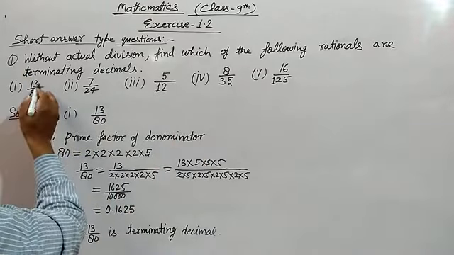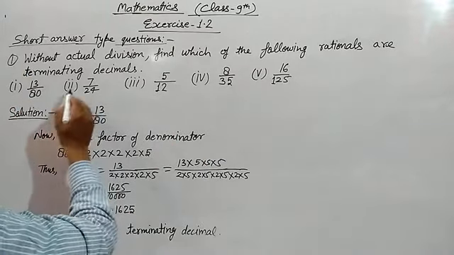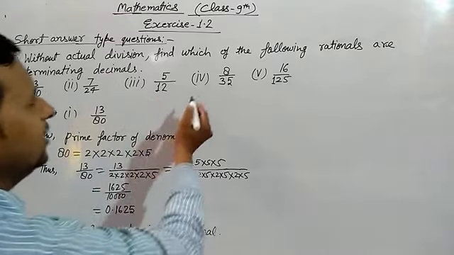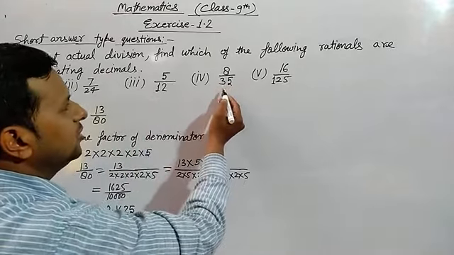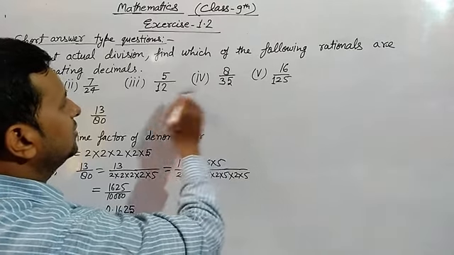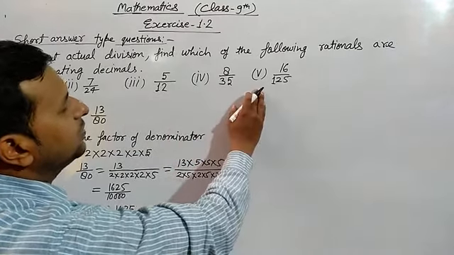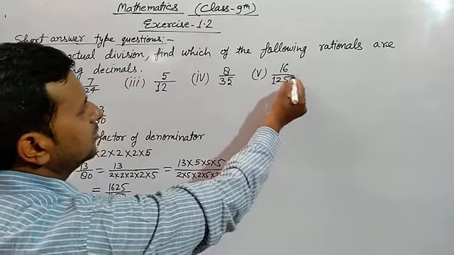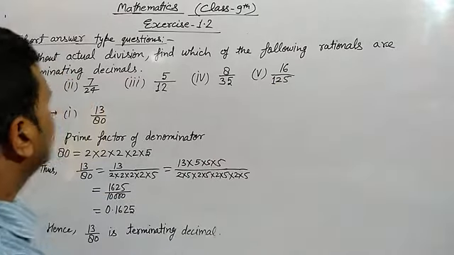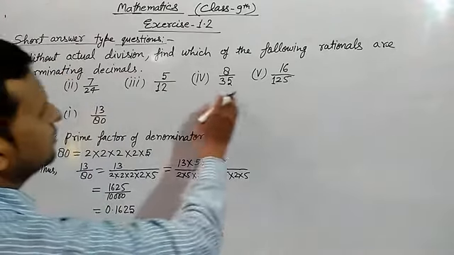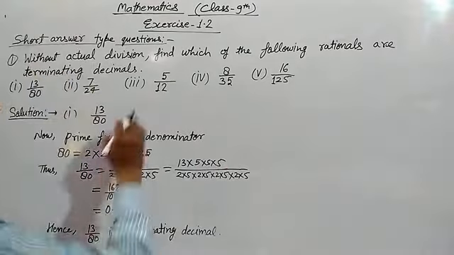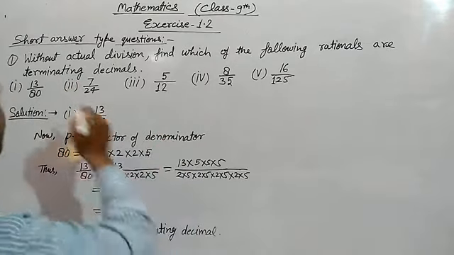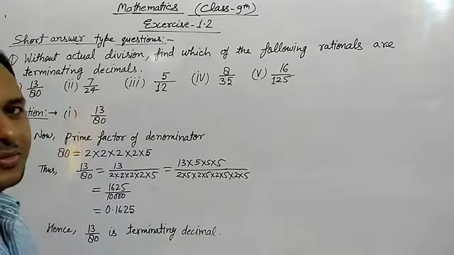First is 13 upon 80, second is 7 upon 24, third is 5 upon 12, and fourth is 8 upon 35. The last, fifth part, is 16 upon 125. So we have to find which of these parts are terminating decimals.